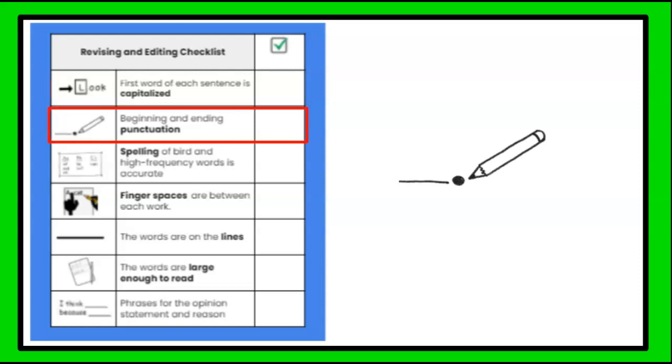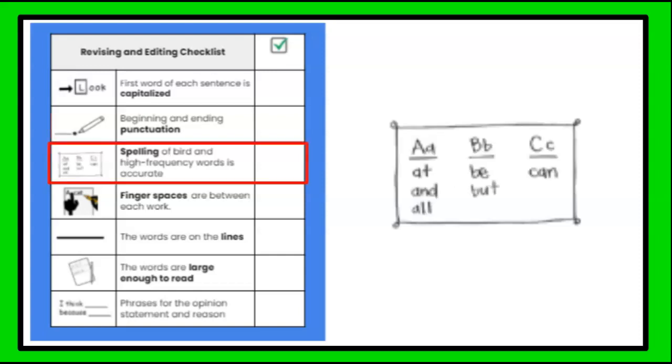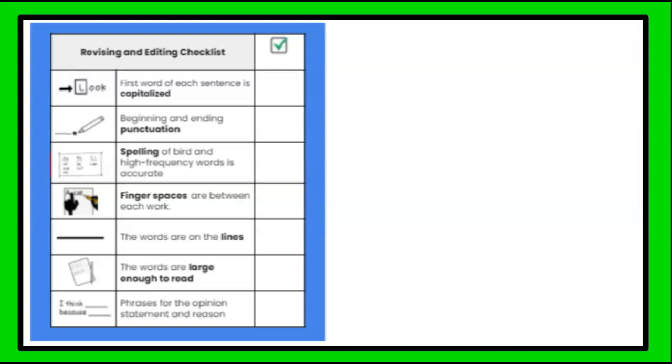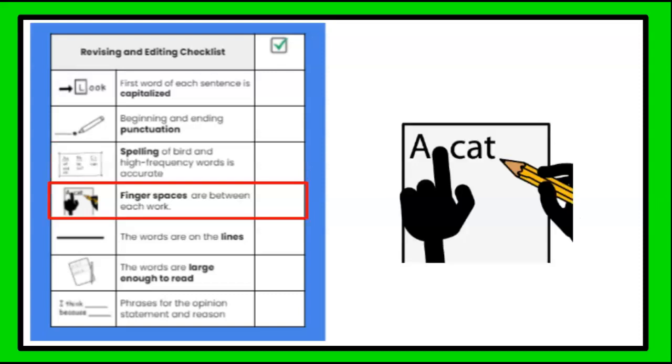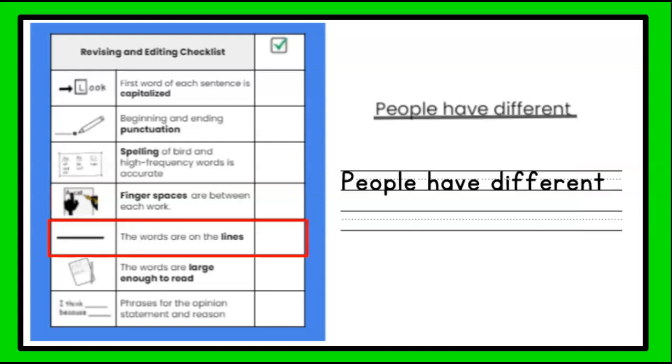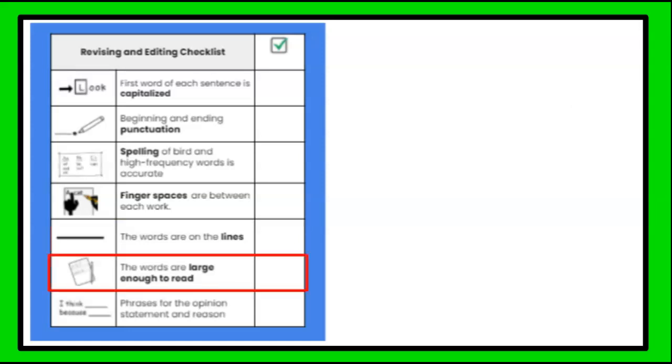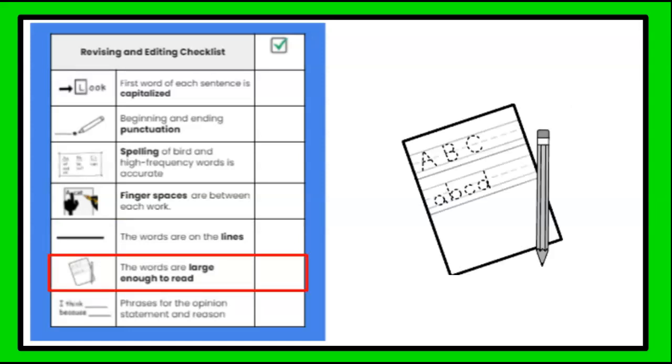Beginning and ending punctuation. Spelling of bird and high frequency words is accurate. Finger spaces between each word. The words are on the lines. The words are large enough to read.